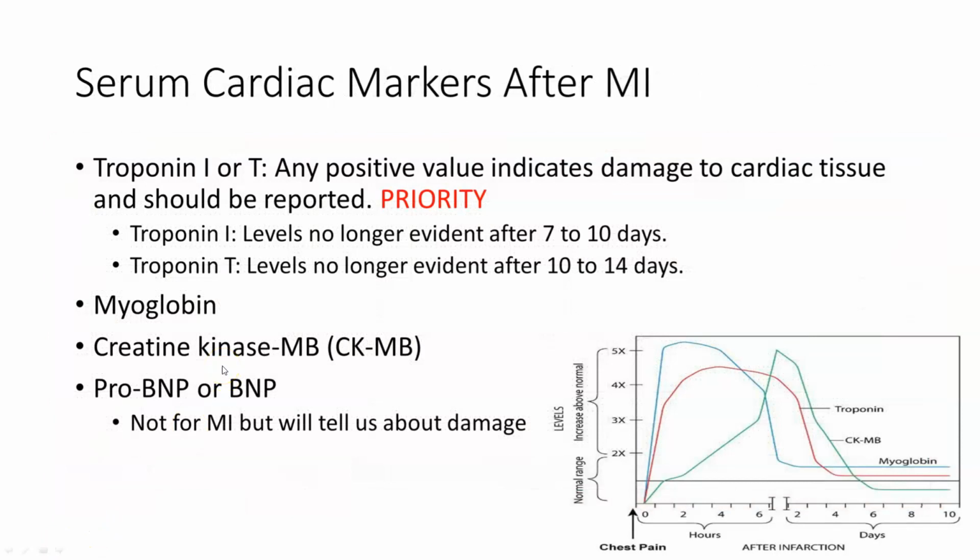Okay, so we've talked about troponin I's and T's. That's a positive value. Anything that's elevated, we're going to have to get those troponin levels every 6 hours. We can see down on our illustration that from the initial onset of chest pain, you see the rise and fall of the troponin levels. It's kind of like this bell curve, right?